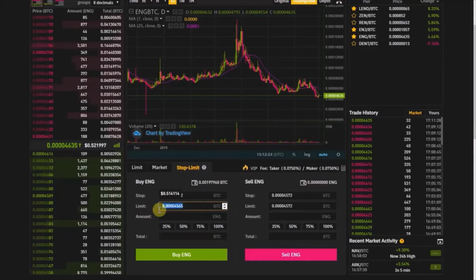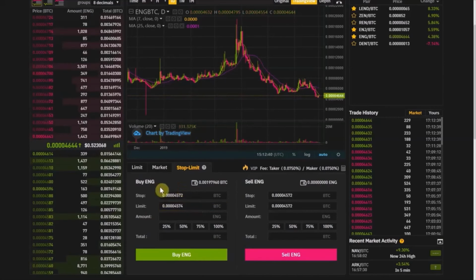It's not guaranteed that it's going to fill the order. If it gets to this price, you would probably find an offer to get this. I think it's pretty easy to understand like this.